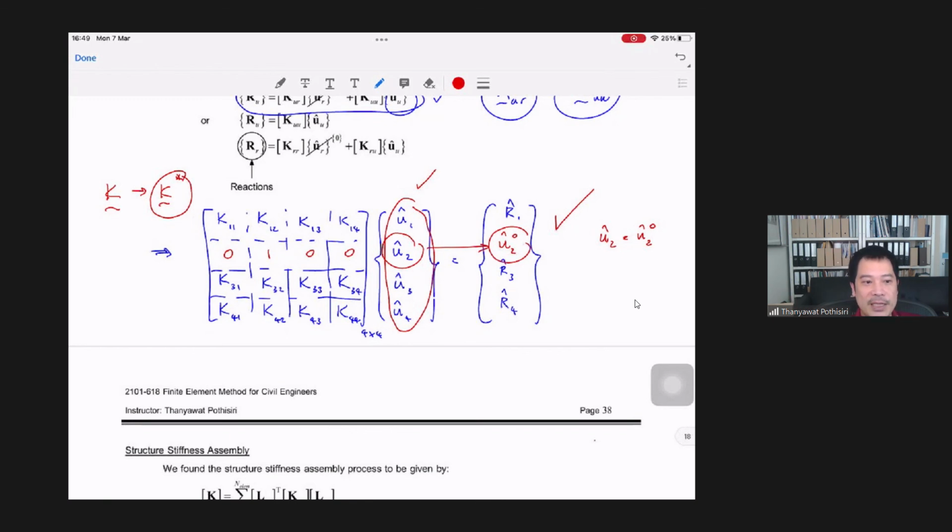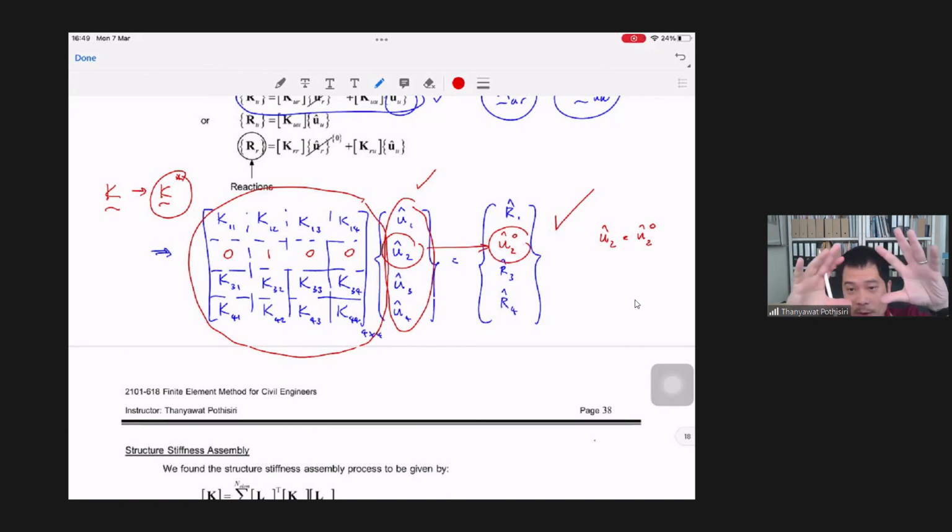So there are different ways that you can choose to modify your system of equation. Now, a limitation to this method is that if you choose to do it this way, then your structural stiffness matrix would become unsymmetric.